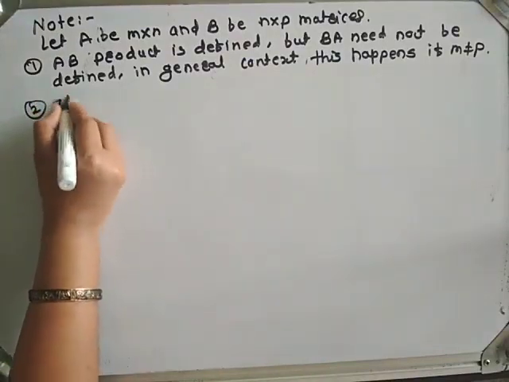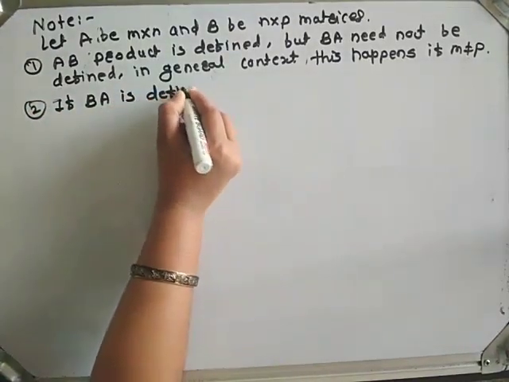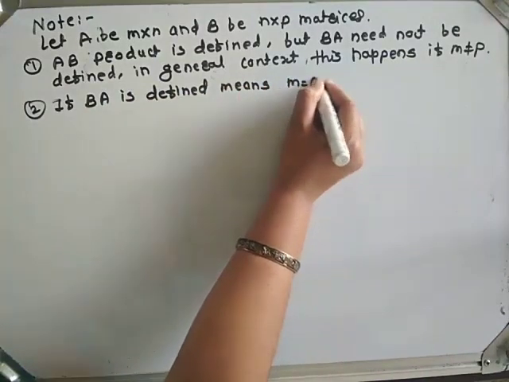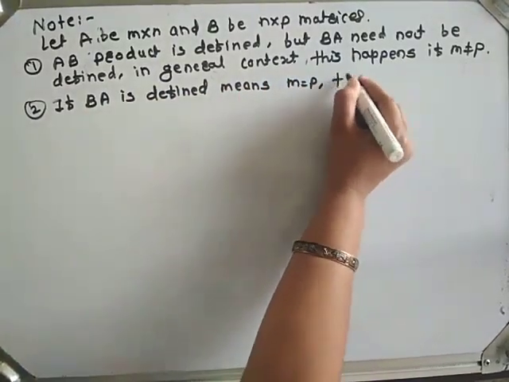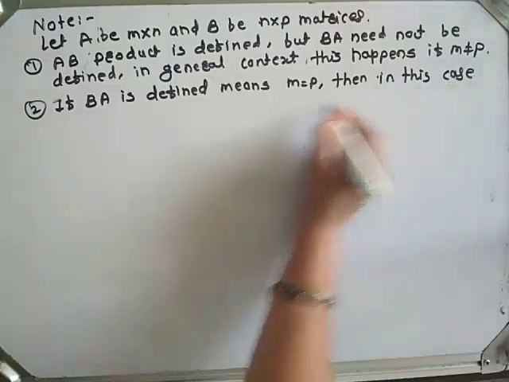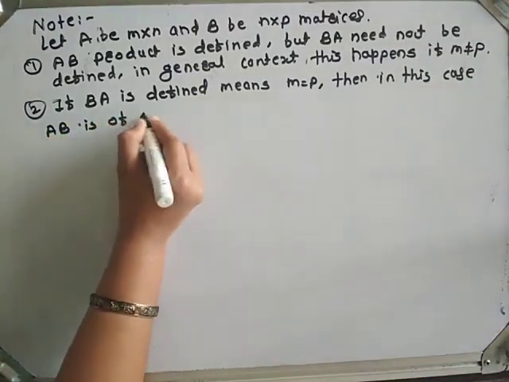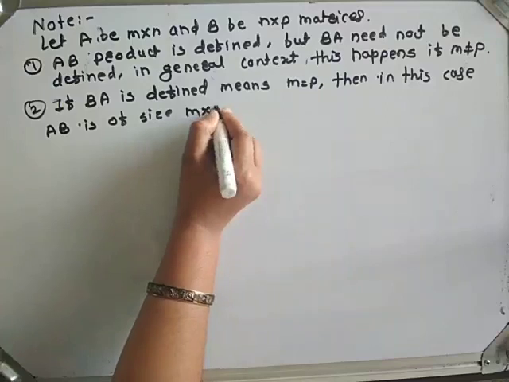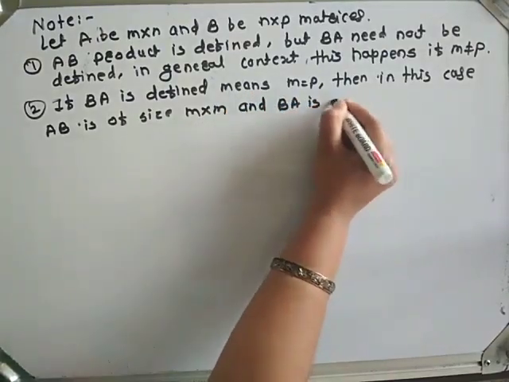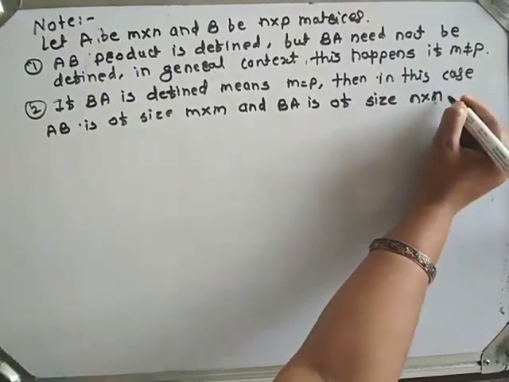Second note: if the product BA is defined, which means m is equal to p, then in this case matrix AB is of size m by n and matrix BA is of size n by n.